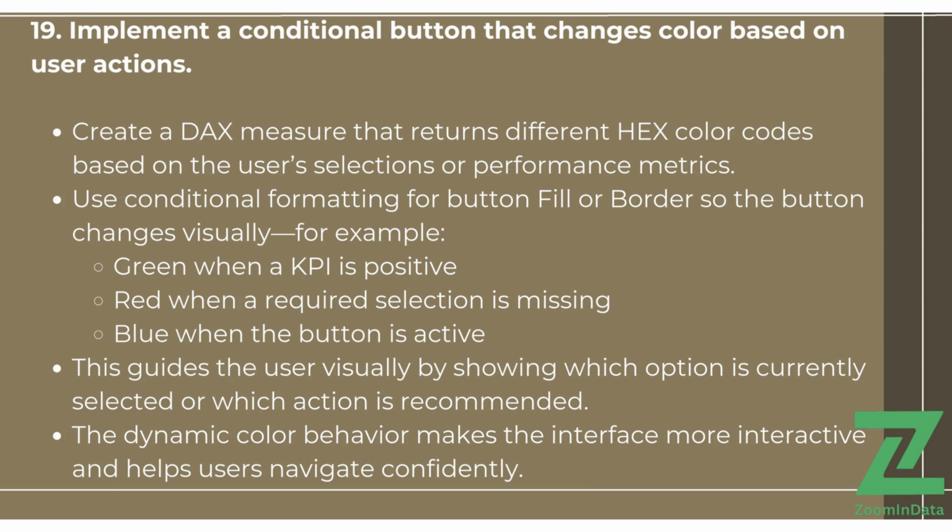For example, green when a KPI is positive, red when a required selection is missing, blue when the button is active. This guides the user visually by showing which option is currently selected or which action is recommended. The dynamic color behavior makes the interface more interactive and helps users navigate confidently.